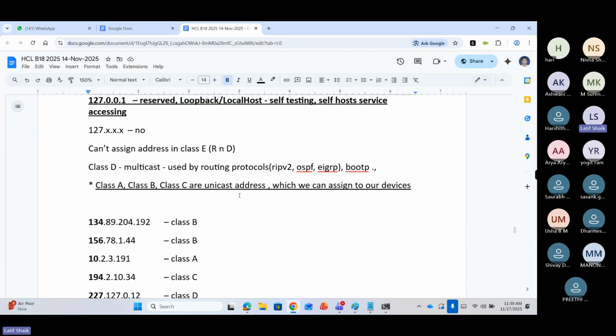Again, where am I missing... sorry. Yeah, IPv6 is not being used globally. We are still using IPv4 globally. Why? Because certain countries and certain private organizations are still using IPv4-based networks only.